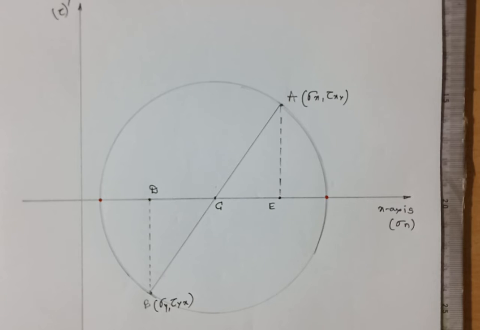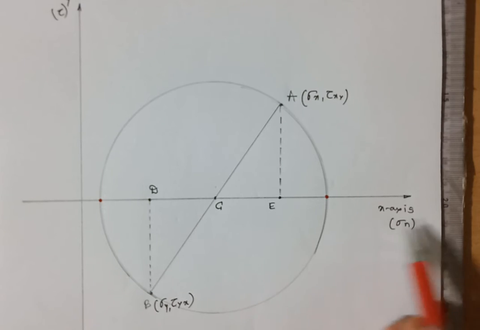Next, how are you going to decide which is the major principal plane and which is the minor principal plane? As you have already discussed, there are two mutually perpendicular principal planes. So how am I going to decide which is major and which is minor? That is simple, by checking out the magnitudes.